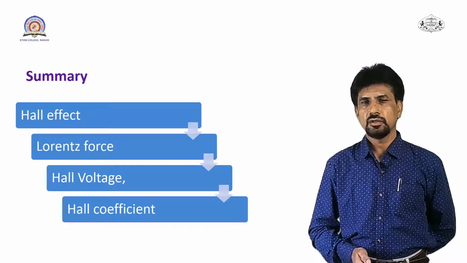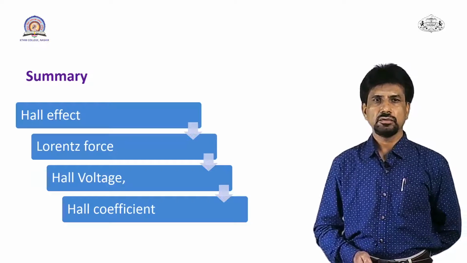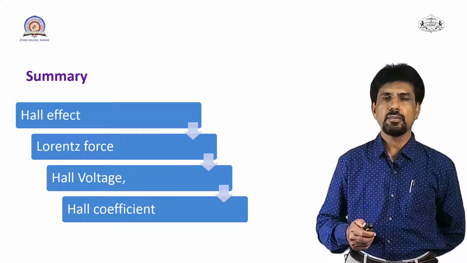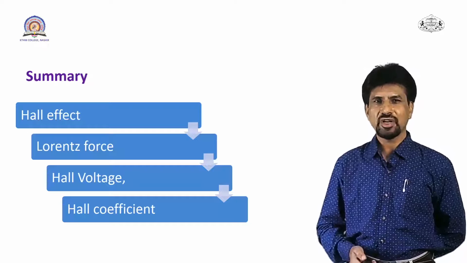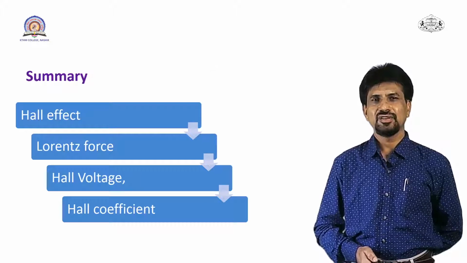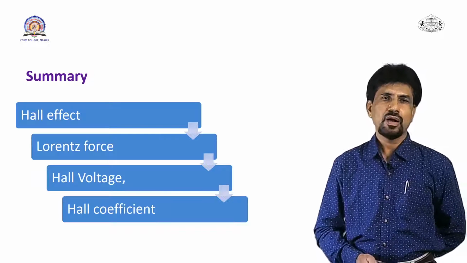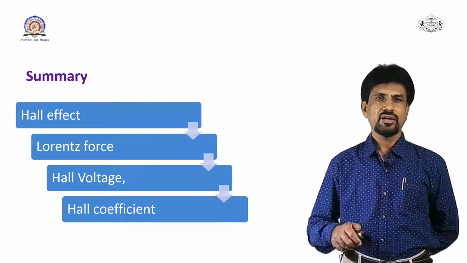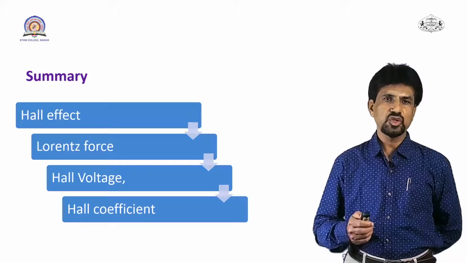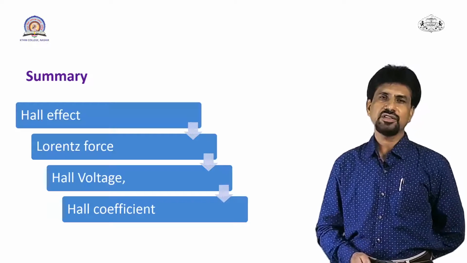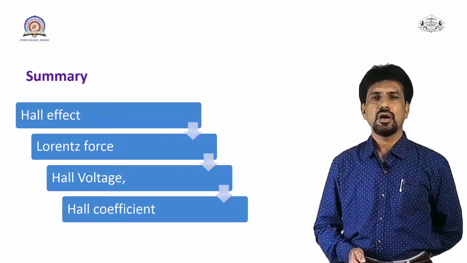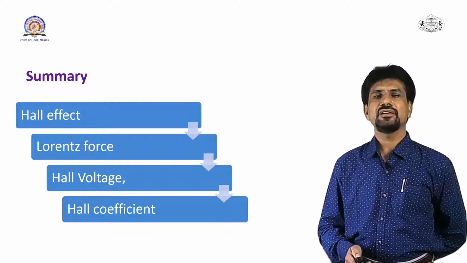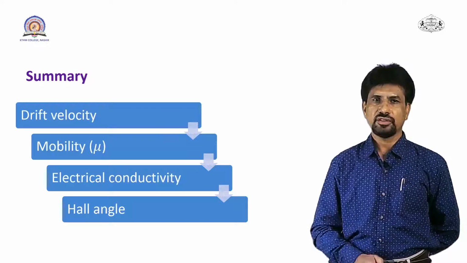We have seen the Hall effect, that means how there is the production of the Hall voltage due to the Hall effect, and how the Lorentz force is produced. Then how we observe the production of the Hall voltage, how we can obtain the expression of the Hall coefficient, and what we mean by the Hall coefficient.